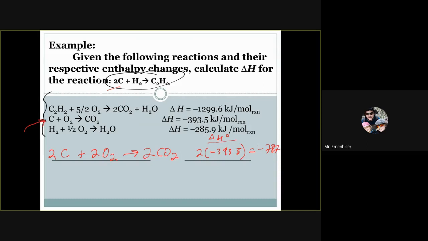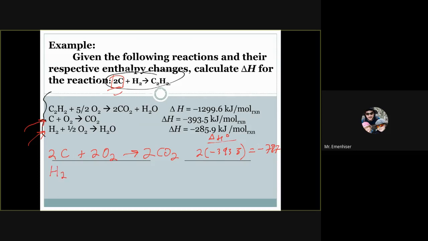And then if we look at our top reaction, well, let's keep going. So we have this one, right? That one's good. We found our 2 carbons. Now let's look at our hydrogen. This third reaction has hydrogen in it. Yes, it has oxygen and water in it, but since it has hydrogen, let's go ahead and say we're going to need that equation exactly as it is originally, and then hope that the oxygen and the water cancel out.